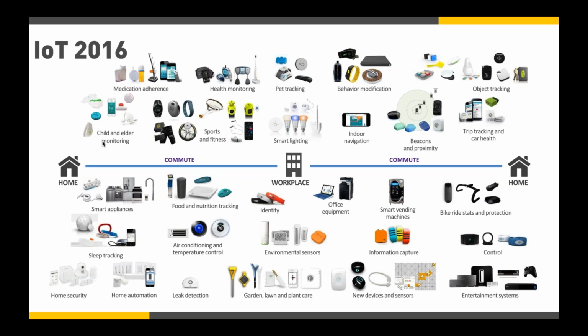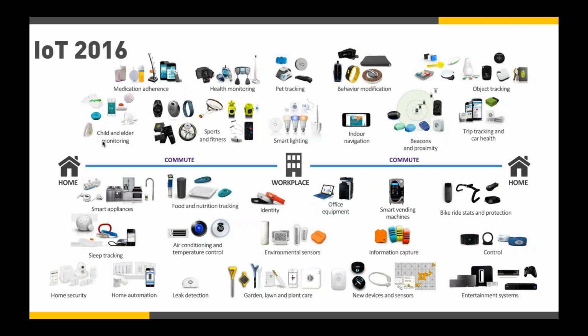Today, from connected lights, that is smart lighting, to pet tracking, to health monitoring, to sports and fitness, smart homes, smart cities, smart buildings, smart parking lots, whatnot. We are living in an increasingly connected world, where most of the devices that we deal with are able to talk to each other, providing us value-added capabilities and rich insights.